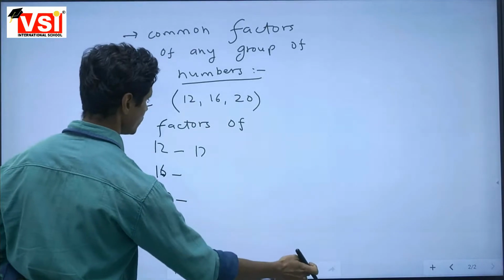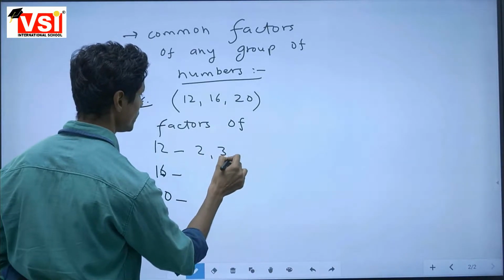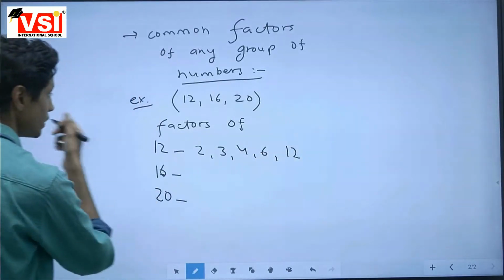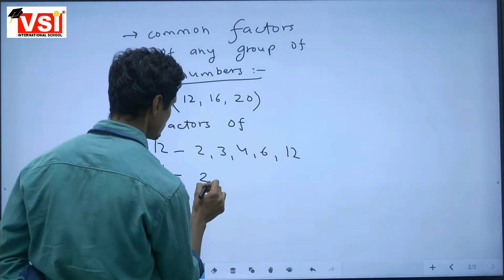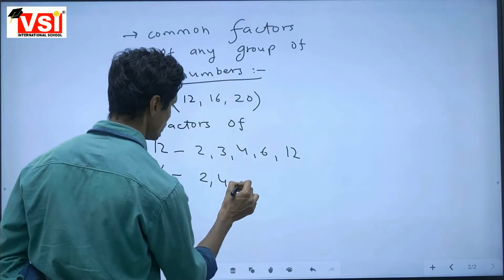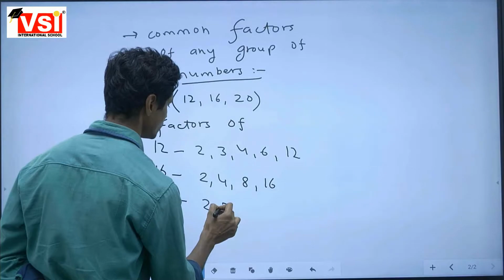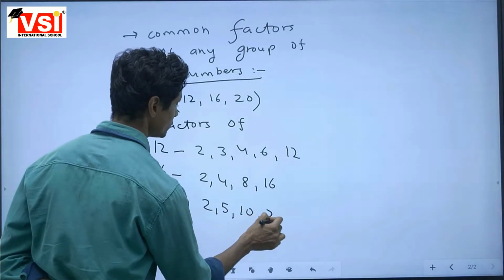Factors of 12: 2, 3, 4, 6 and 12 itself. So these are the factors of 12. And then 16: 2, 4, 8 and 16 itself. And 20: 2, 5, 10 and 20.